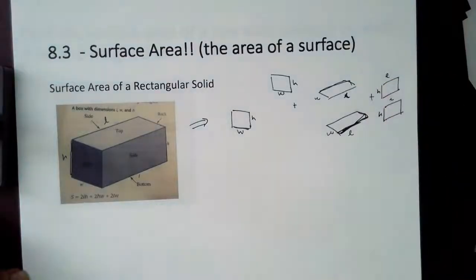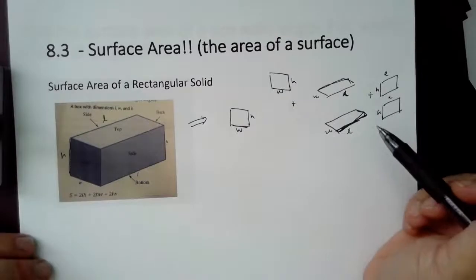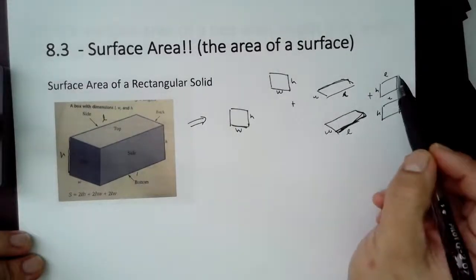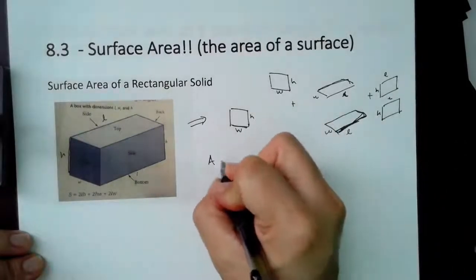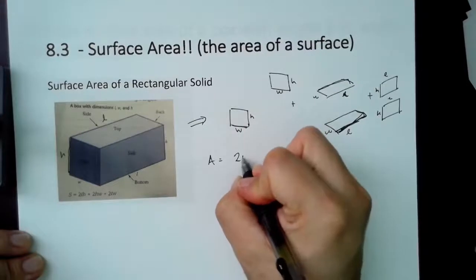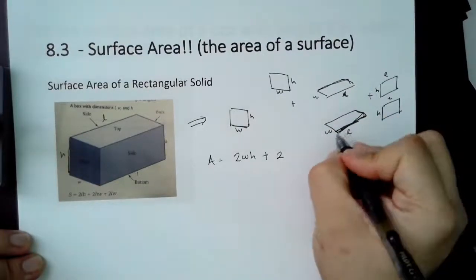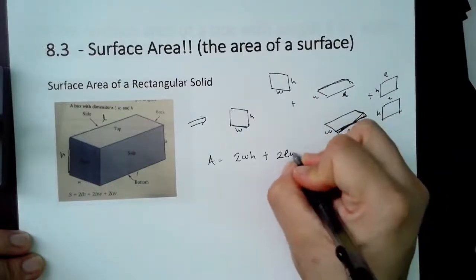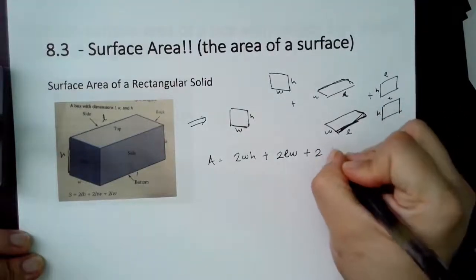So why are we doing this? Because I want to show you where the formula comes from. The total area is going to be twice this, plus twice this, plus twice this. So the area of the whole thing is 2 times W times H, plus 2 times, because there are 2 of them, WL or LW, plus 2 times LH.